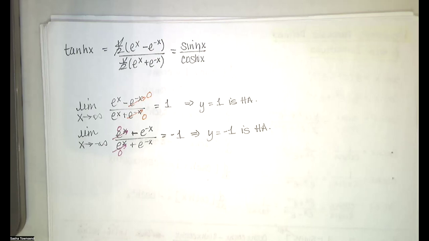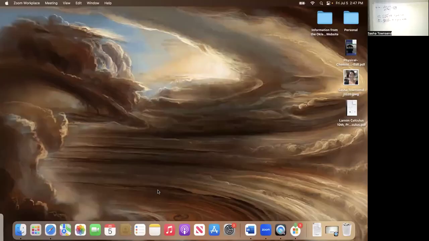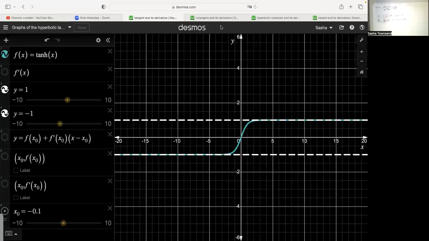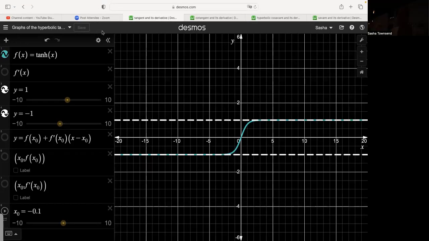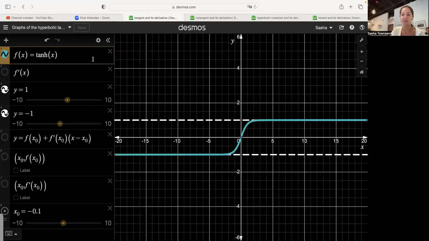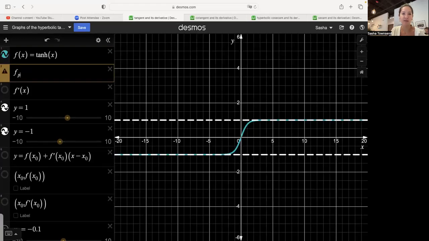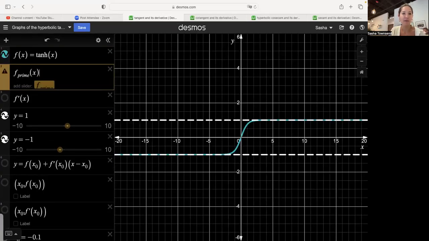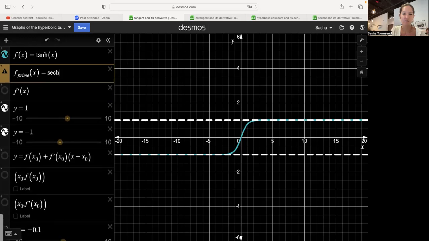And our hyperbolic functions look like this. So we've got hyperbolic tangent here, and then we claimed that the derivative of hyperbolic tangent was hyperbolic secant squared.